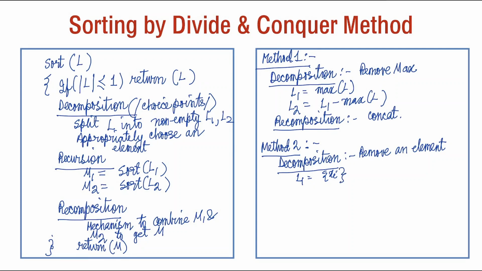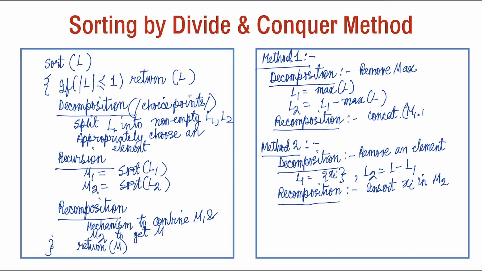L1 was some xi, and L2 was L minus L1. But our recomposition step was an appropriate insert of xi in M2. This was insert xi in M2.